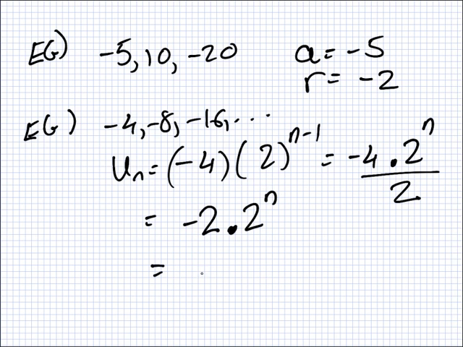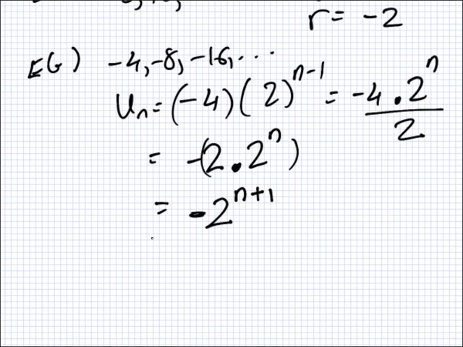I know we haven't done the rules yet, but you could simplify this to minus 2 to the power n plus 1. You can pull the minus outside. But don't worry about that. That's not so important for today. That will be a later lesson, okay? It's not a big deal.